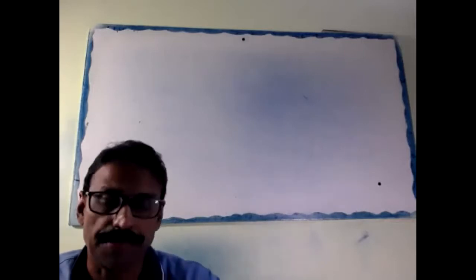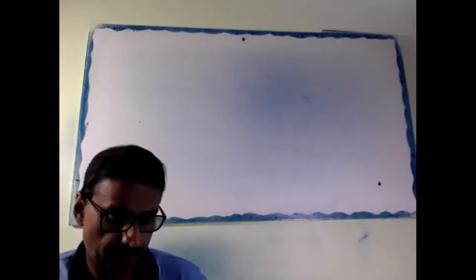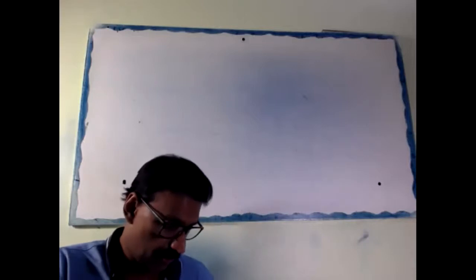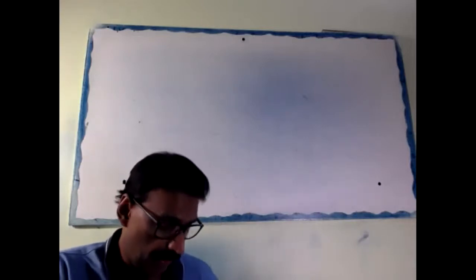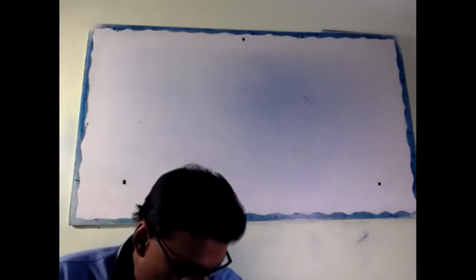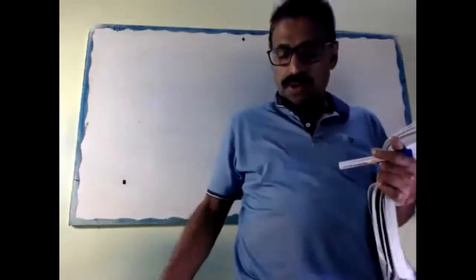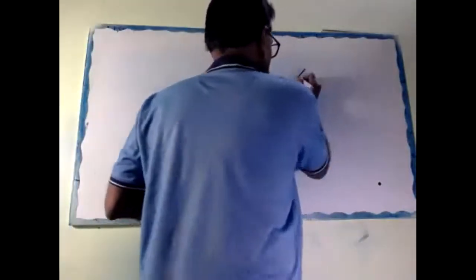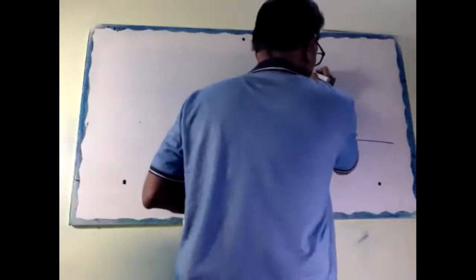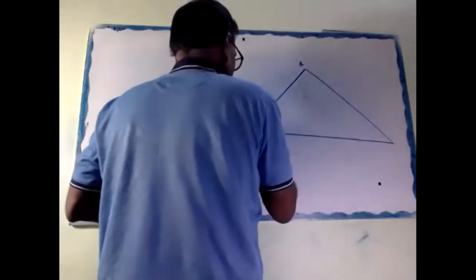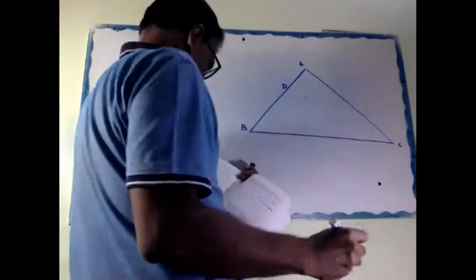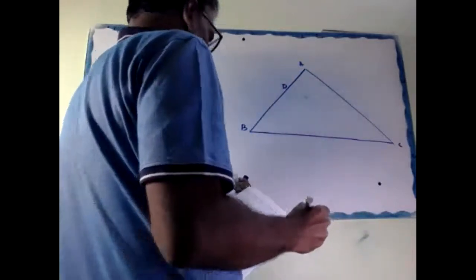ABC is a triangle. D is a point on AB, and E is a point on AC.